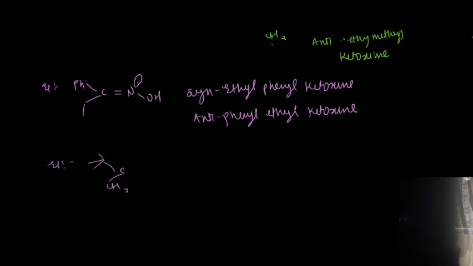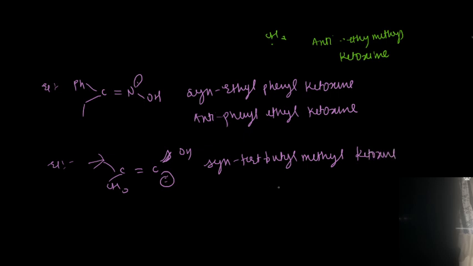See, CH3. Here we have OH and we have oxygen. So here it is also called syn tertiary butyl methyl ketoxime. Also it could have anti methyl tertiary butyl ketoxime. So we have two types of group.